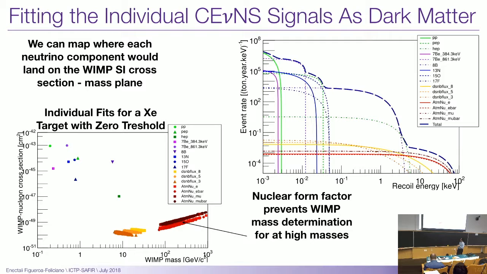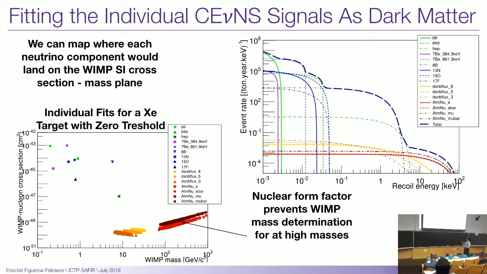And you see these start to spread out for the atmospheric neutrinos. You guys remember we talked about this, I think yesterday or the day before, that it's hard to reconstruct the mass when you get to very high recoil energies because of the nuclear form factor. When you get enough energy, the particle doesn't see the entire nucleus, it starts to see the independent pieces of the nucleus, so this coherence starts to break down.